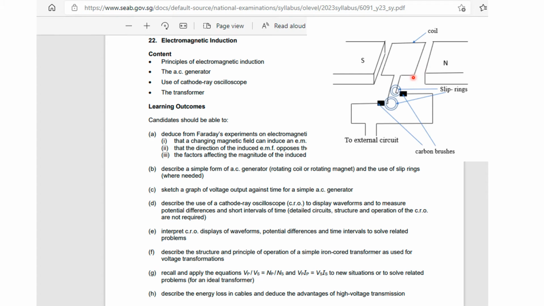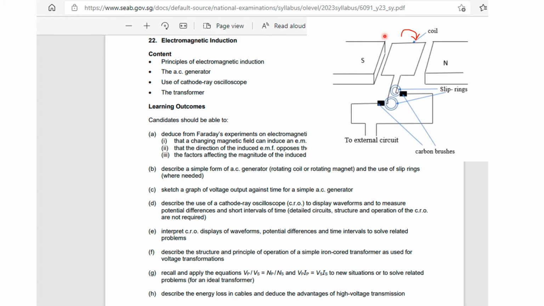To determine how the coil moves, the question needs to tell you the direction. So let's assume that the coil is moving in this direction. In other words, the left side of the coil is moving upwards, so motion is pointing upwards. If you use your Fleming's right hand rule, the thumb should be pointing upwards. Then the magnetic field is from north to south, so your second finger should be pointing to the left.